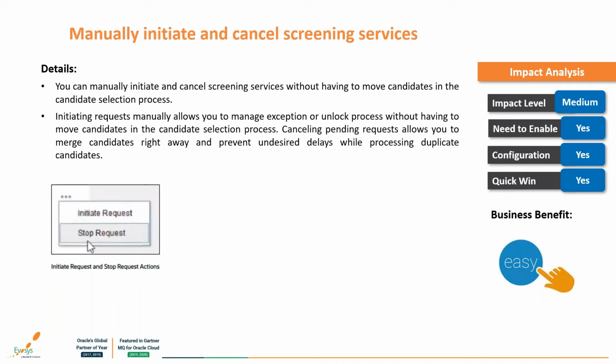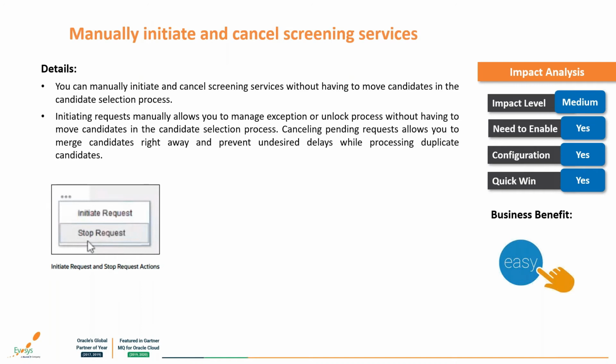The first one is initiating a request. Just go to the screening tab in the requisition in the instance and select initiate request. This will help you manage unlock or exception processes without having to move the candidate in the selection process.